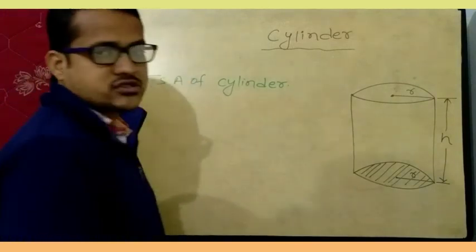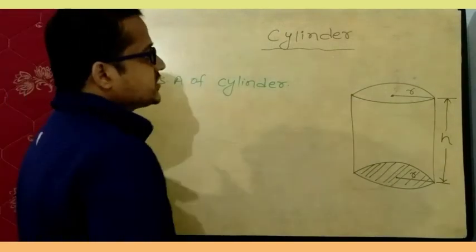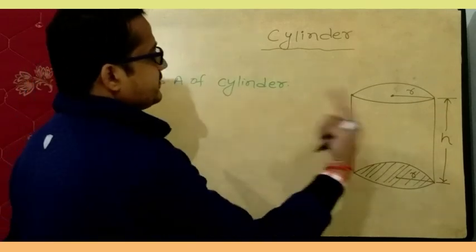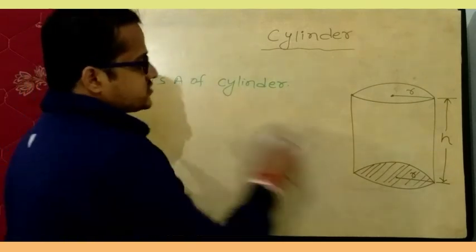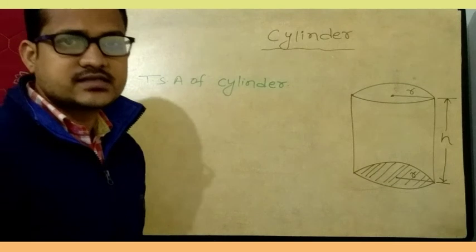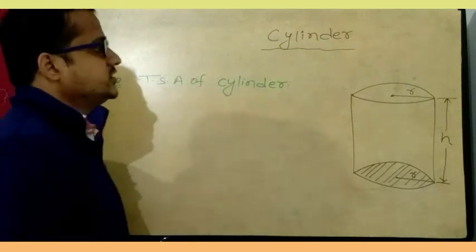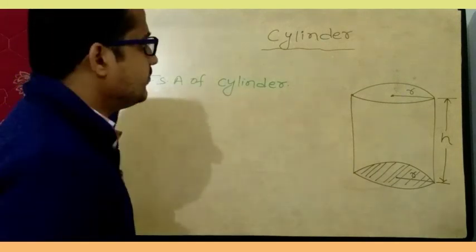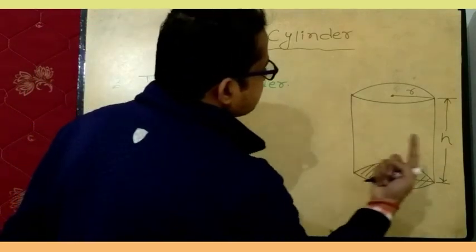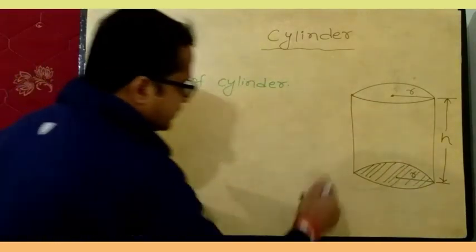First is bottom portion, second is top portion, and third is curved portion. Bottom portion is in the form of a circle, top portion is also a circle, but what about this curved portion?